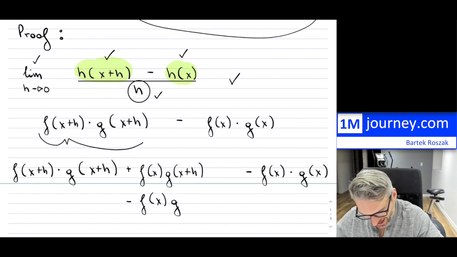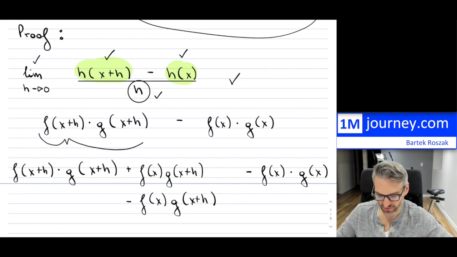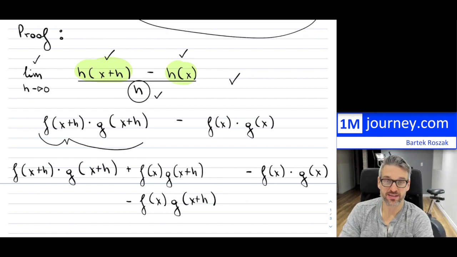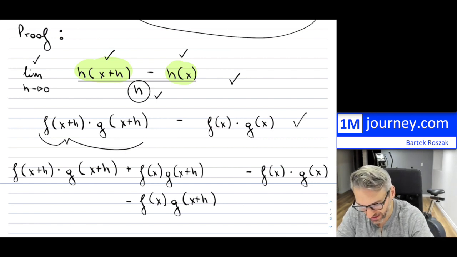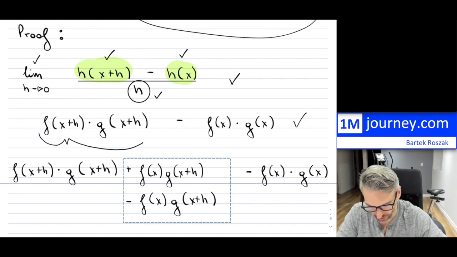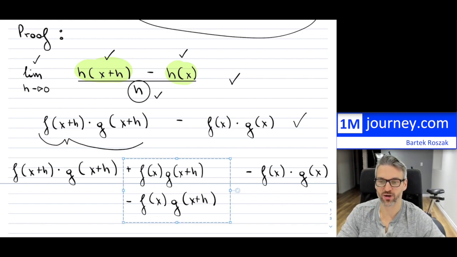So I'm adding and subtracting this term. Now you might say, if you add it and subtract it, it equals 0. Exactly, that's the point of the proof, because we do not want to change the overall numerator. By adding and subtracting here, we're not really changing the numerator at all.